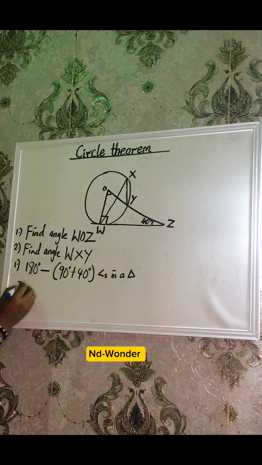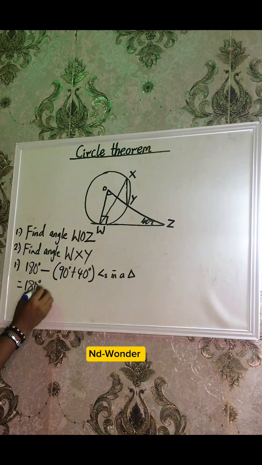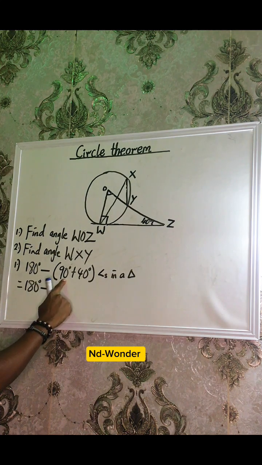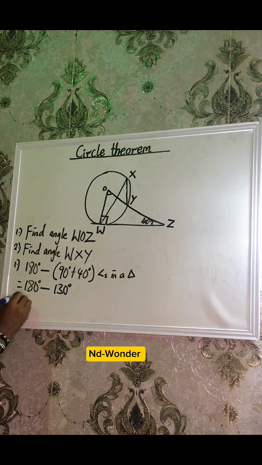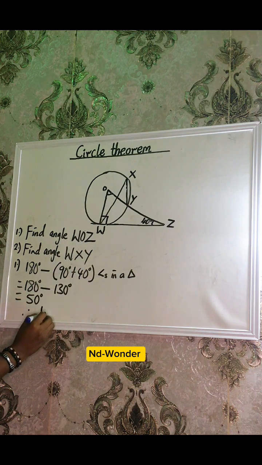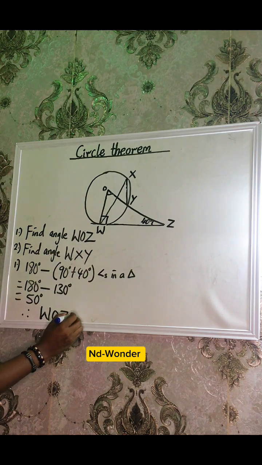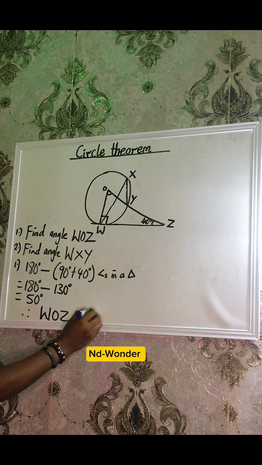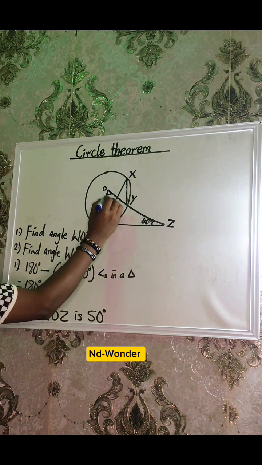Then what do we do? 180 degrees, then minus. 90 plus 40 is 130 degrees. So if you subtract 130 degrees from 180 degrees, what do we have? We have 50 degrees. Therefore, WOZ is 50 degrees. So here is 50 degrees.